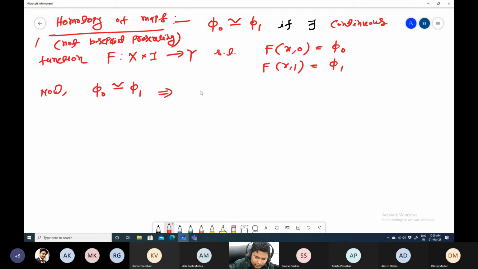Then, what will be phi 0 star and phi 1 star? Can you say that these are equal? What is your guess?